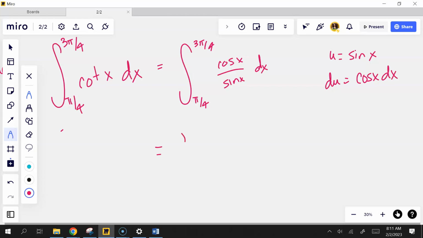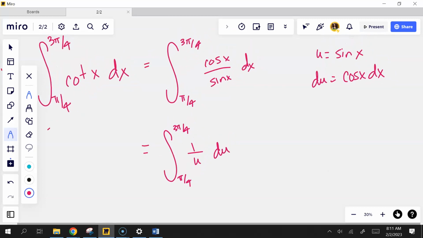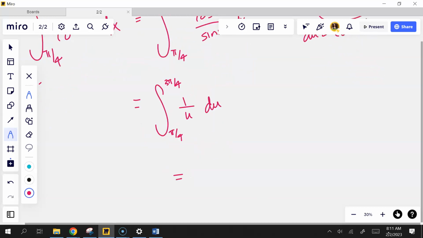So I end up with 1 over u du. Now this is the point that I was trying to explain to you without writing it down. At this point, I could do the antiderivative, right? And then once I do the antiderivative, I could substitute u back out with sine x, and I wouldn't have to adjust the bounds. In other words, natural log of u.